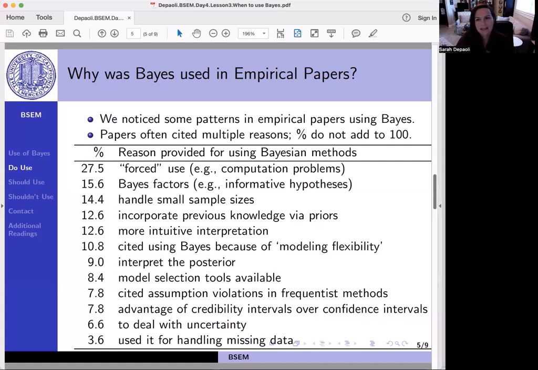At any rate, I think it's really interesting to see why people are using Bayesian methods. And I have a feeling that we'll see some of this shift as the field grows and we learn more about how Bayes can be useful, especially in fields like structural equation modeling or modeling frameworks like SEM.